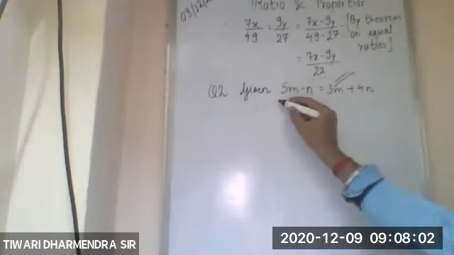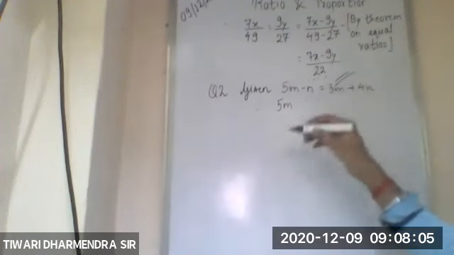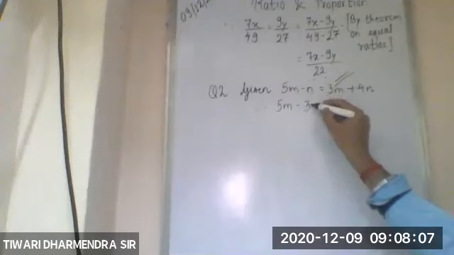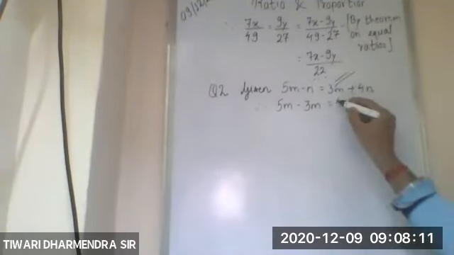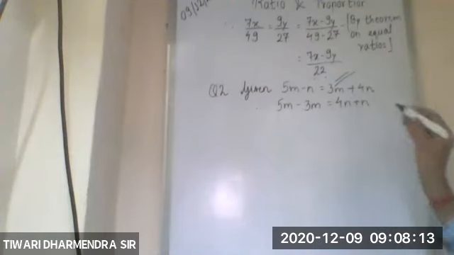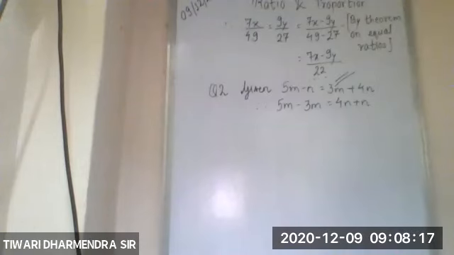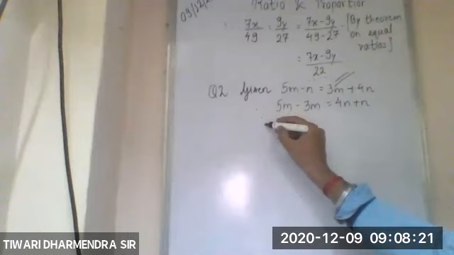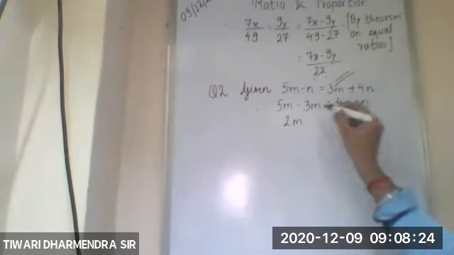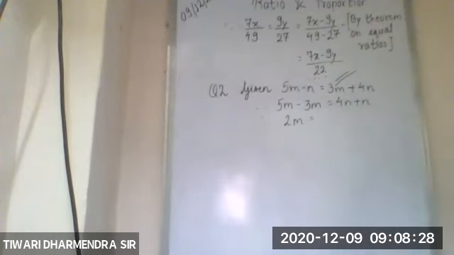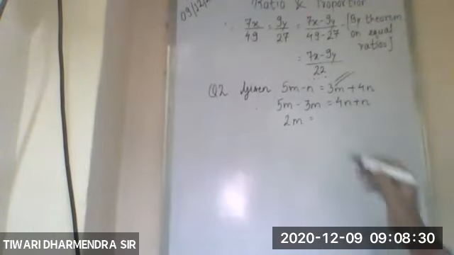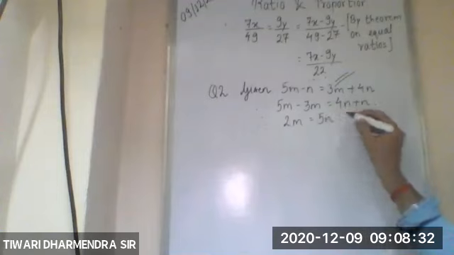So 5m, taking 3m to the left hand side becomes negative, is equal to, taking minus n to the right hand side becomes positive, as it was negative earlier. So 5m minus 3m is equal to, yes, answer from your side? 2m is equal to 4n plus n, which is 5n.